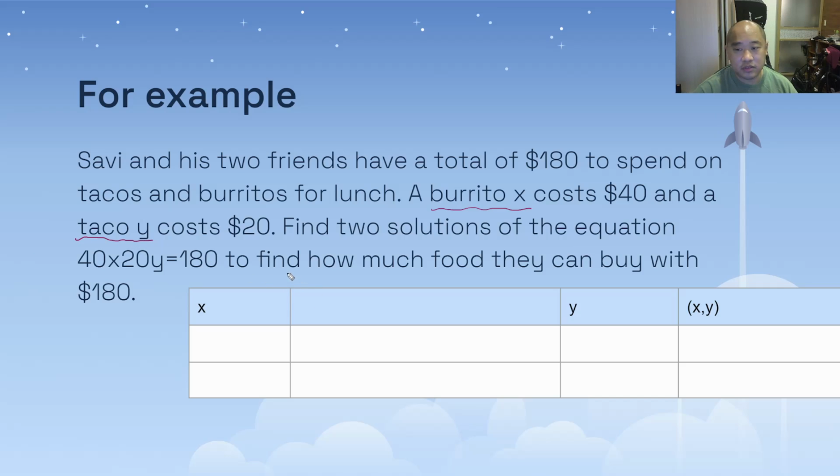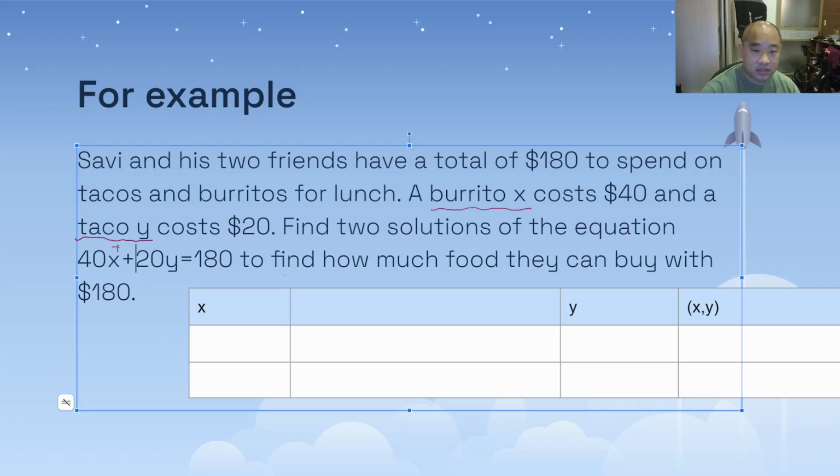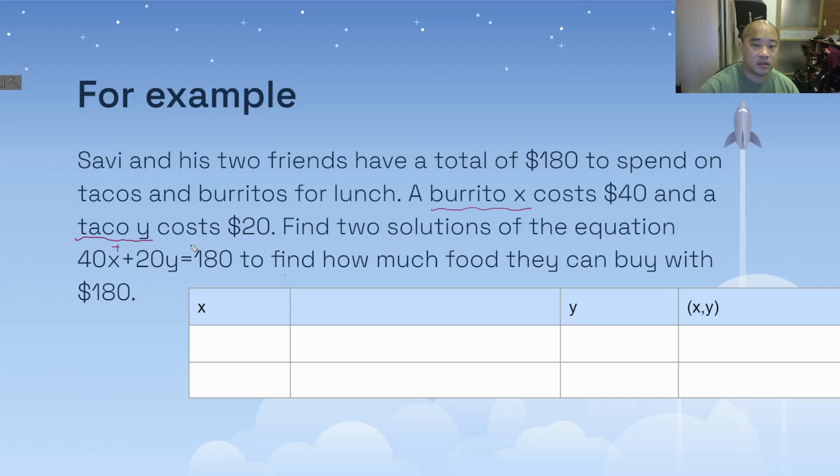Find 2 solutions of the equation 40x. There should be a plus in there. I'm going to go in there and change it now, actually. Plus 20y equals 180 to find how much food they can buy with $180. 40x plus 20y equals 180.